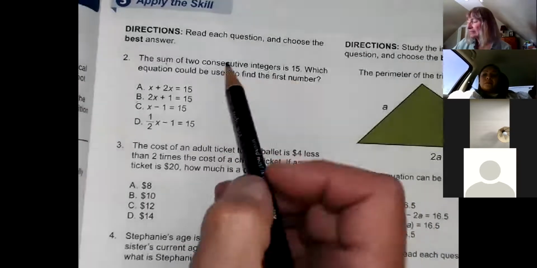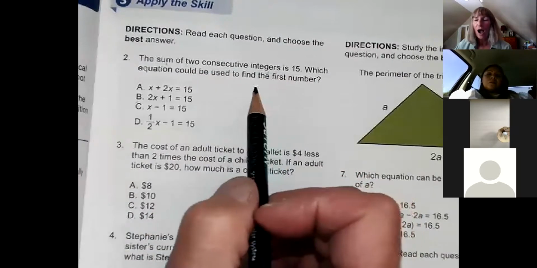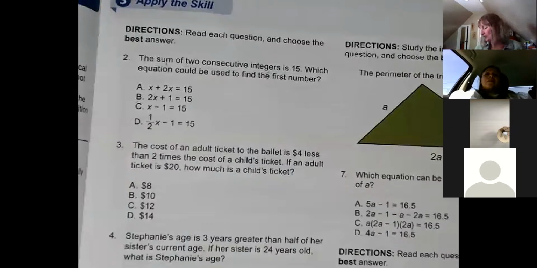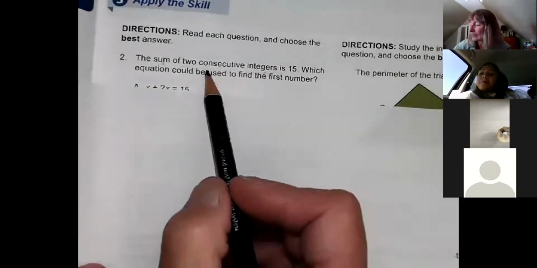I have seen this, 2 consecutive integers. I've seen that phrase on almost every practice test that I've peeked at. So there's a good chance that you'll get a question like that on the GED test. Could be a little version of it.